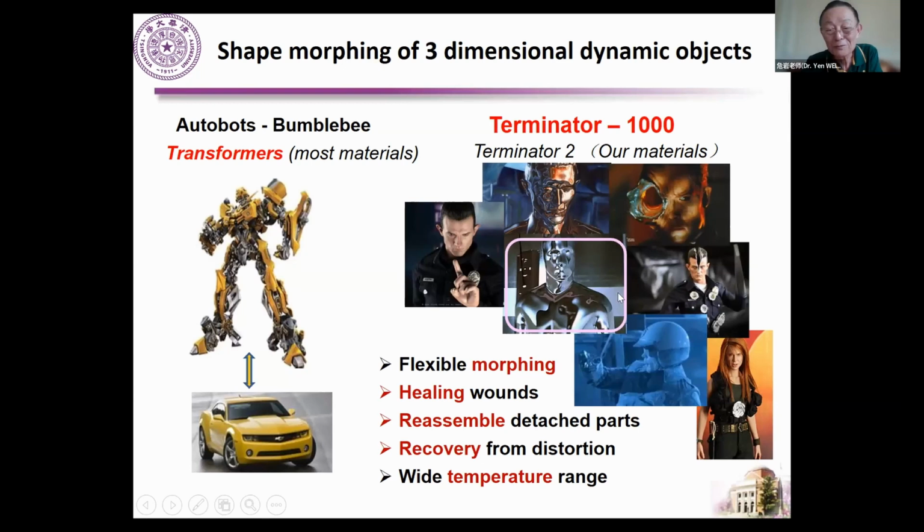You can shoot them or destroy them, and they can heal, reassemble, and if you cut off the hand, they can put it back and recover from distortion, regardless of the wide temperature range. Even at liquid nitrogen temperature, this material still works.